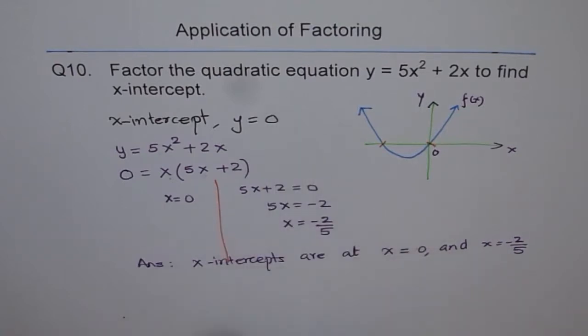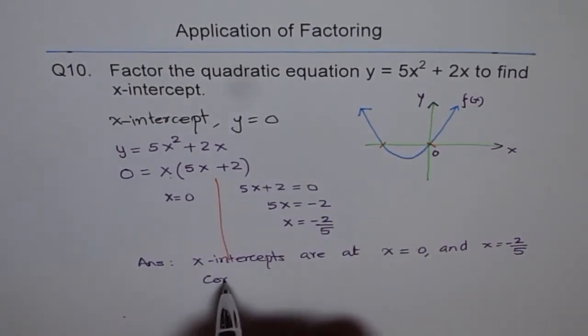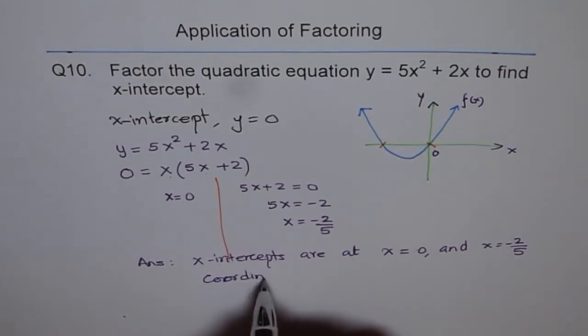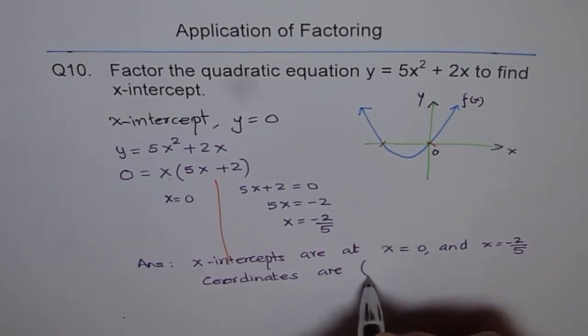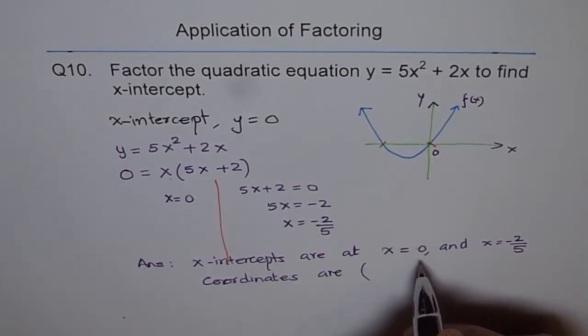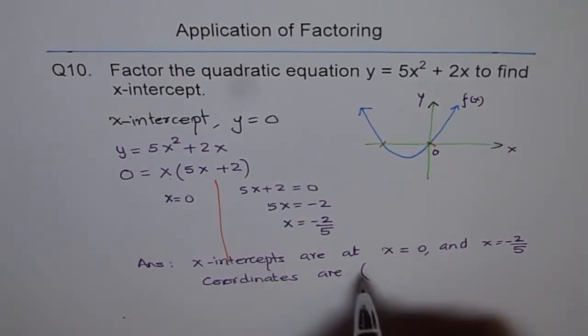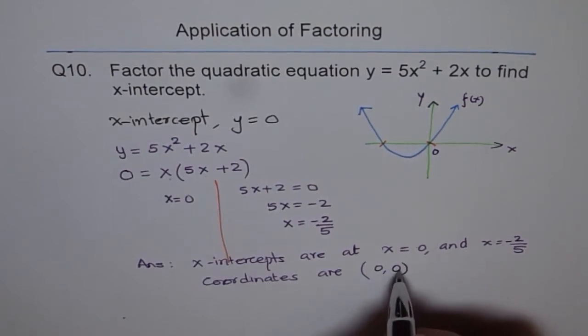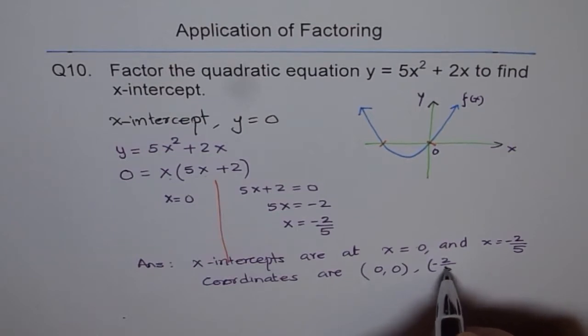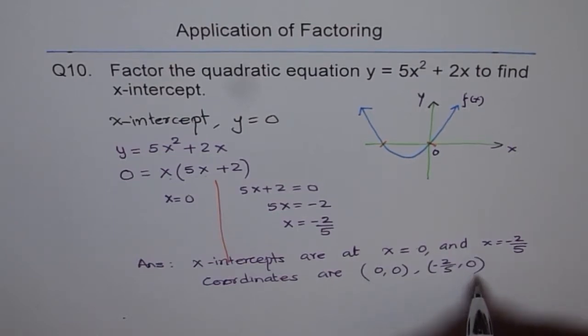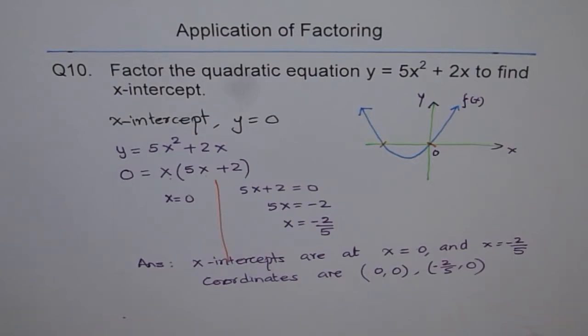If the problem had been to find the coordinates of the x-intercept, then you write the coordinates are, for coordinates you have to give both x and y coordinates, right? So x is 0 and y is always 0 at the x-intercept, right? And the other will be minus 2 over 5, 0. Okay, so those will be the coordinates, right? Well, in this question we are only asking for the x-intercept, right?